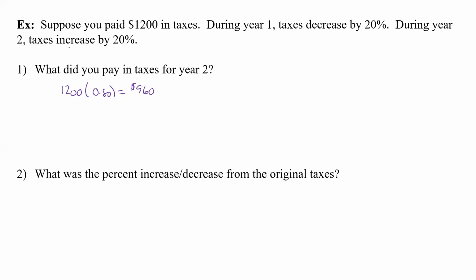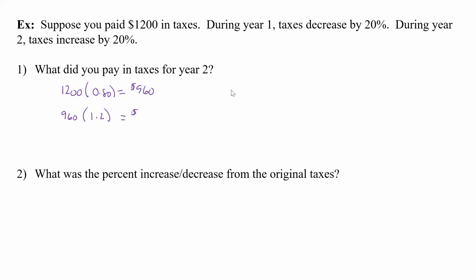Now, during year 2, taxes increase again by 20%. All right, so they're going to take our price at the end of year 1, and we're going to increase it by 20%. So if we take it times 1.2, remember the whole and how much it is increasing by, the 20%, then that will tell us how much it's going to be at the end of year 2.